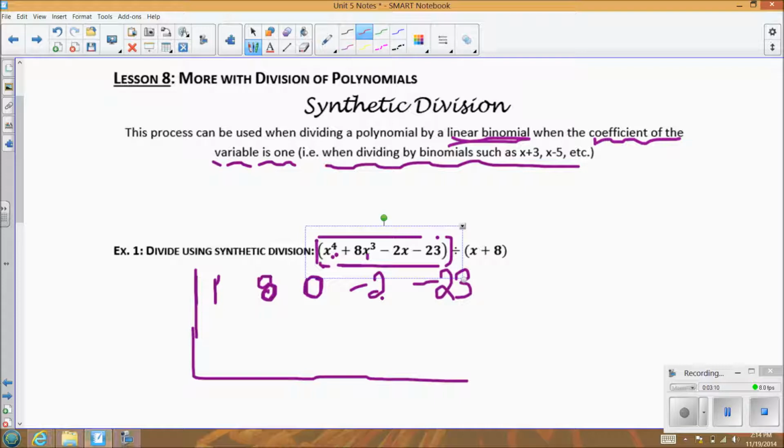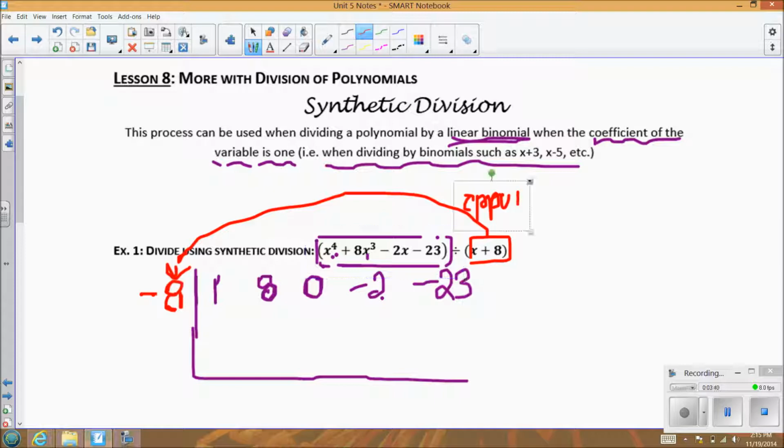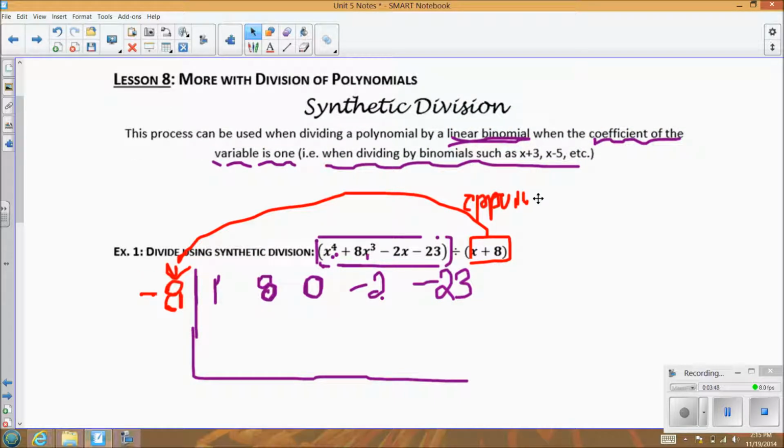And I'm dividing by x plus 8, which means that I'm always going to use the solution, or the zero, of this factor x plus 8, which is the opposite sign. So I'm going to put a -8 here as what I'm dividing by. So you always do opposite sign. I'm just going to make a note of that, opposite sign.